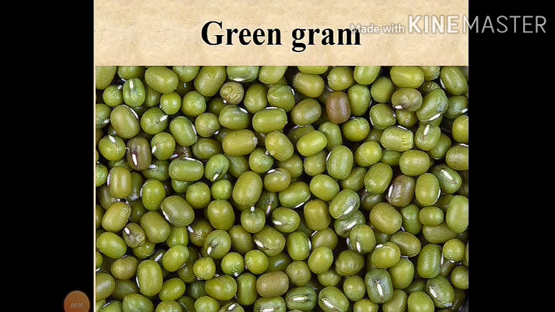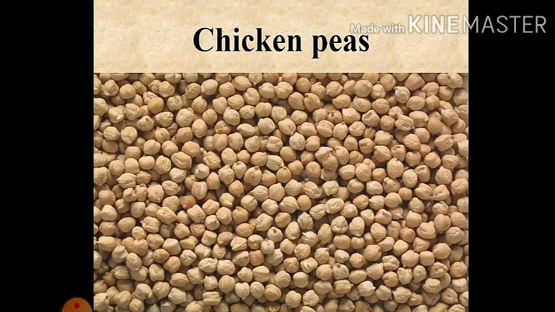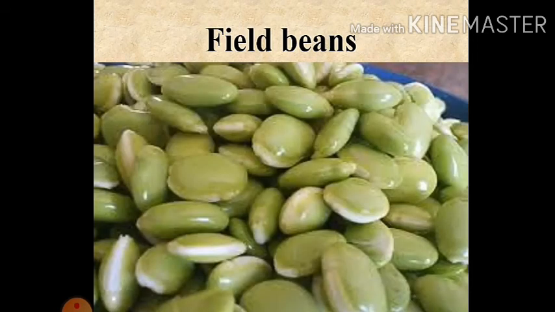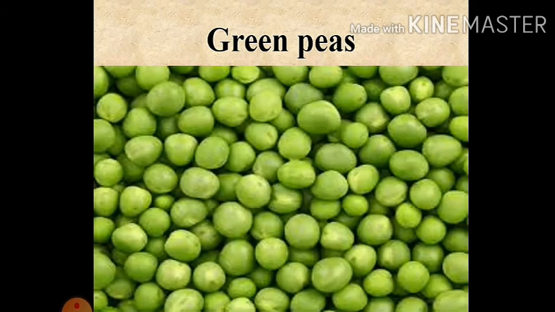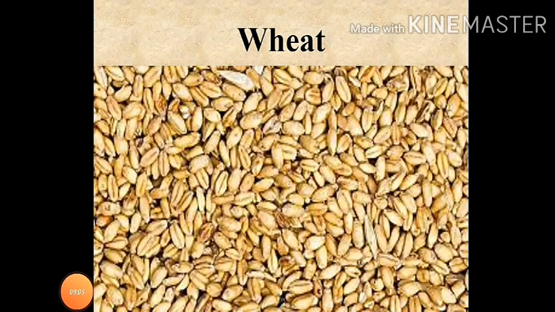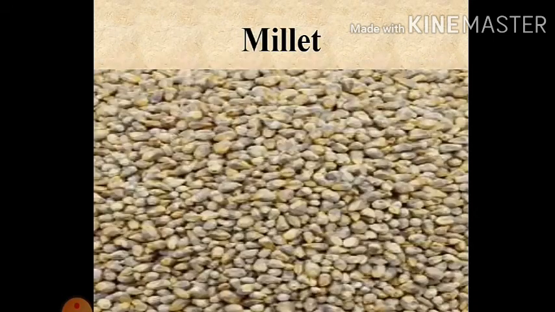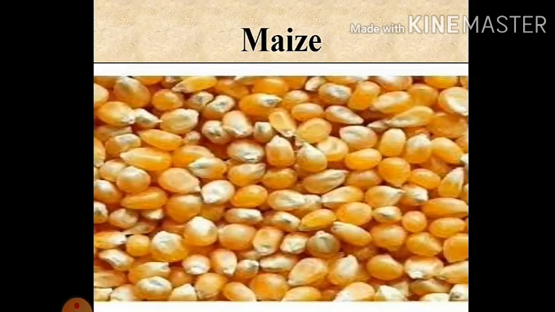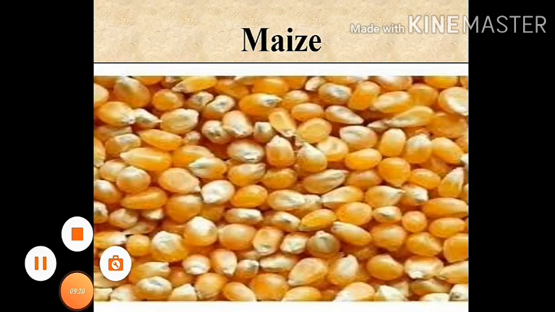Again, let's see some of the examples of pulses, cereals and oil seeds. The examples of pulses: green gram, chickpeas, kidney beans, field beans, green peas. So these are some of the examples of pulses. Now let's revise some of the examples of cereals: wheat, rice, millet, barley, oats, maize.